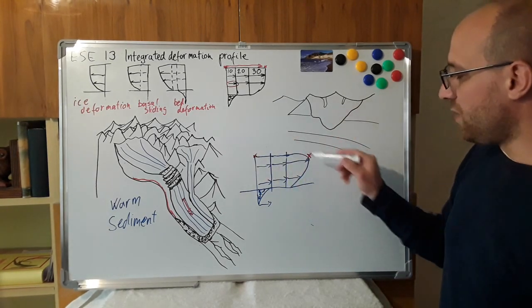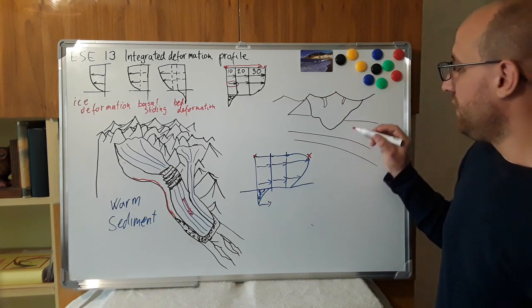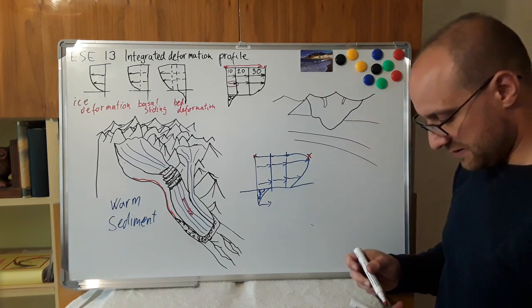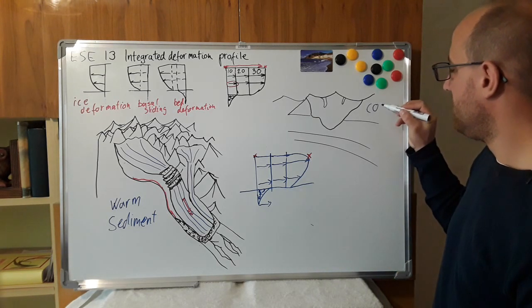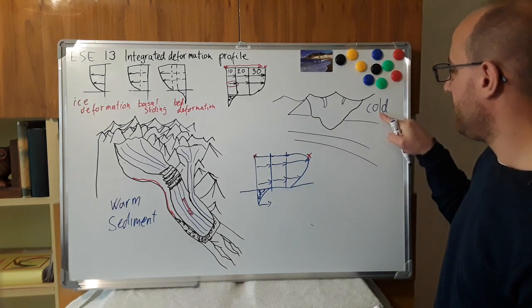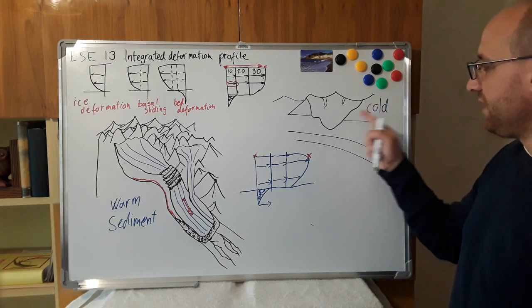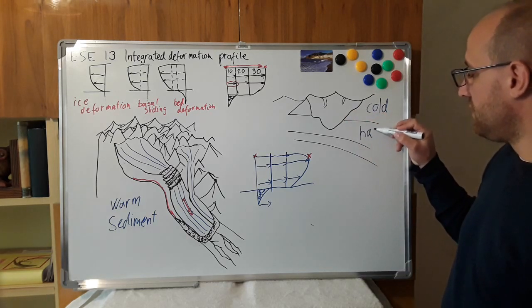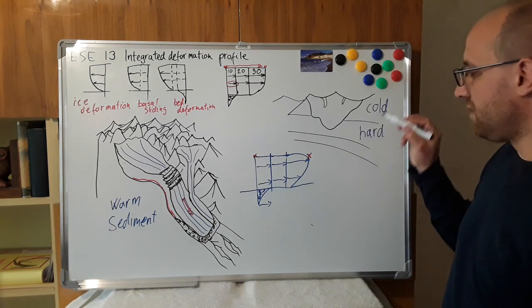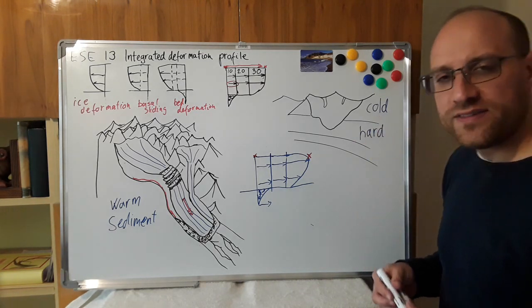And how about this one? So here I just put again, cold, although I could use different colors. Cold, and this is the hard bedrock. Hard bedrock over there. And what else is different then?